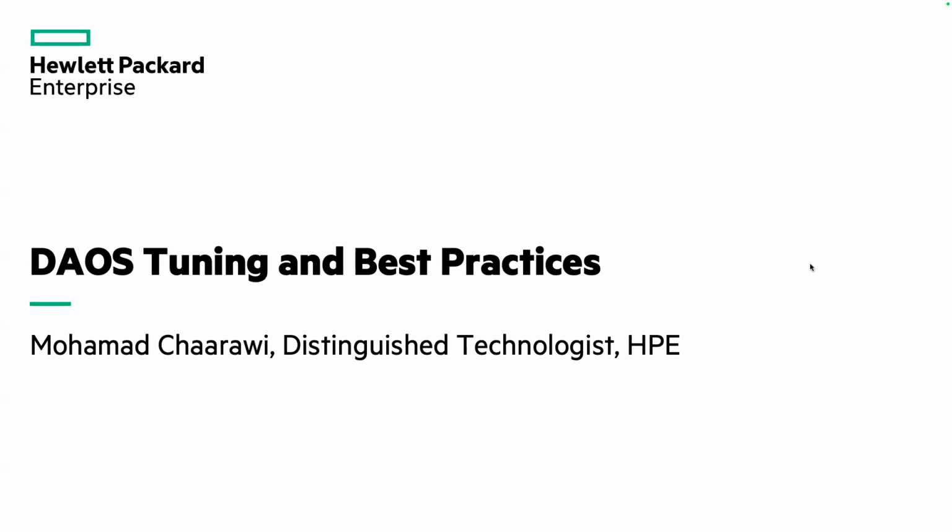Okay, so the next set of slides will talk about some best practices we recommend and some tuning on our Aurora. There are a lot of things that you saw that are not set by default.